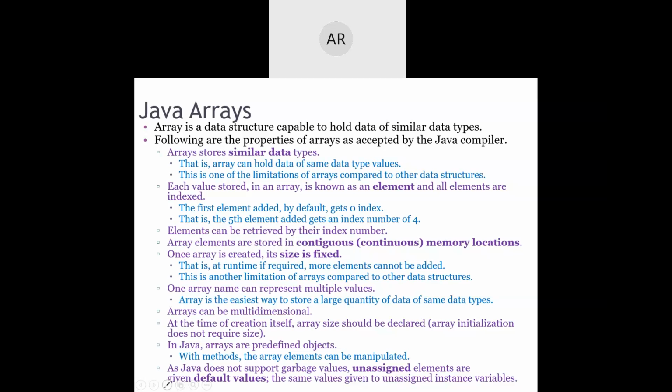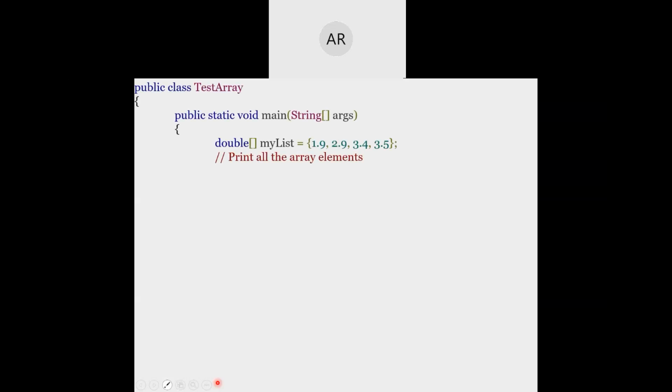And arrays are a set of normal variables, as I said; in the case of Java, there are no garbage values. In arrays also, all the elements are initialized as per the data types. So one program I have kept just to demonstrate how arrays are declared. Here there is a mylist array and I have put some values here. The Java compiler will check how many values have been listed: 1, 2, 3, 4.